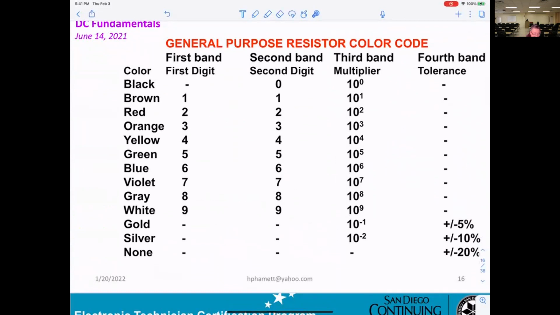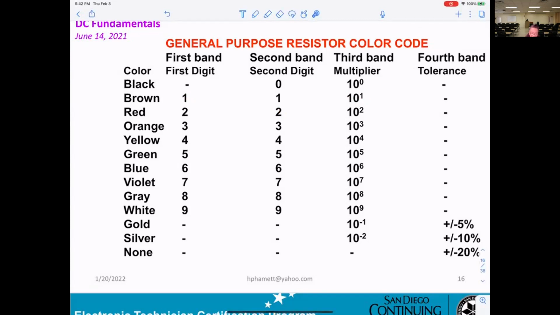If the color is brown, then the first number will be 1. The next band, if it is the number 2, that means the second digit, 1, 2. And the next one, multiplied by brown, that means multiply by 10 power 1, the 10.